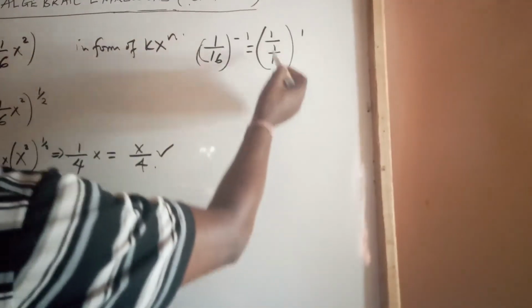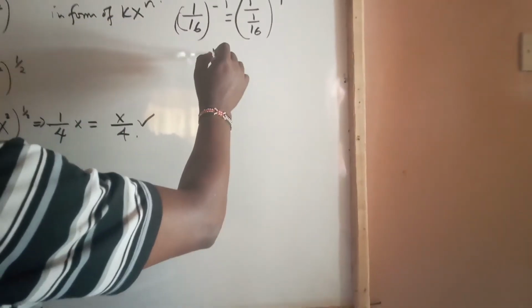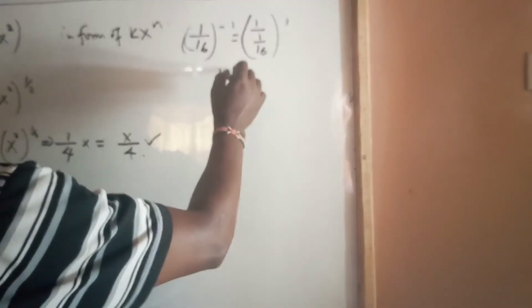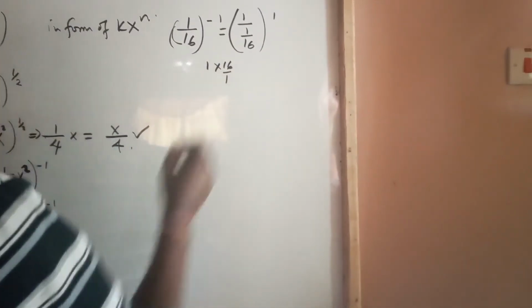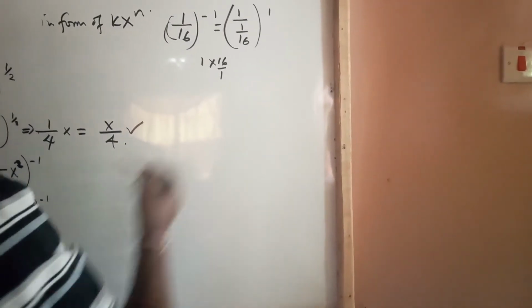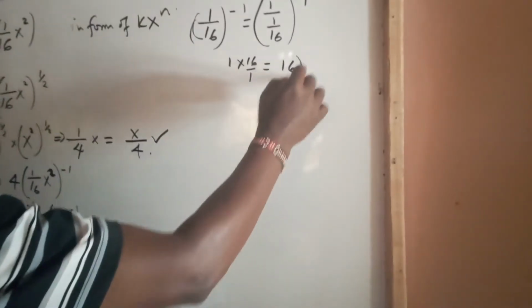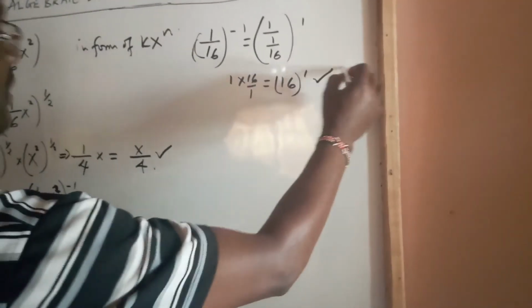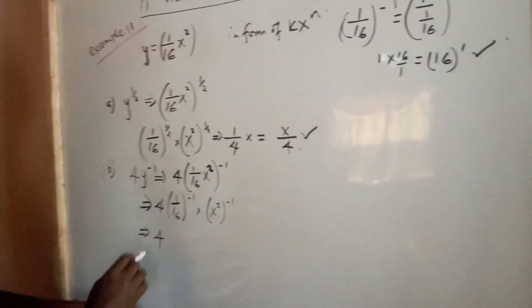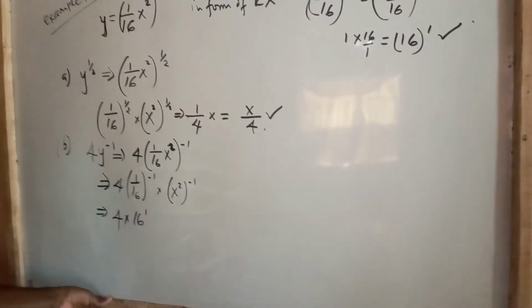And 1 divided by 1 over 16, anytime we divide by a fraction, is like multiplying by its reciprocal. So 1 divided by a 16th is simply 1 times 16 over 1, which is 16 raised to power 1. So this one is what we bring here, times 16 raised to power 1.